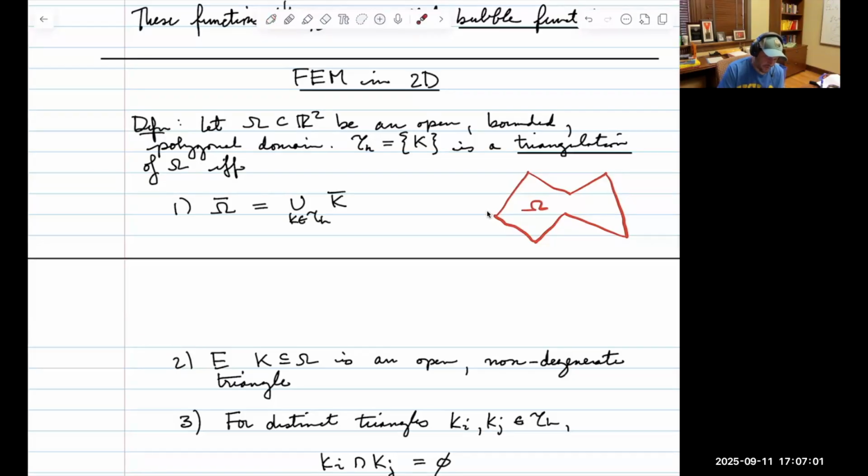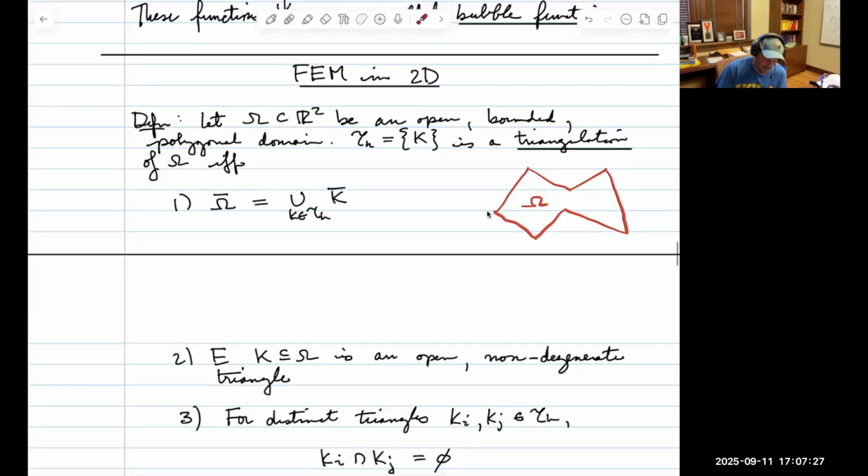Now, we're going to consider what we call a triangulation of that domain. So what does it mean to triangulate the domain? A triangulation is a collection of sets. Each K is going to be a triangle, but we'll get to that in a minute.